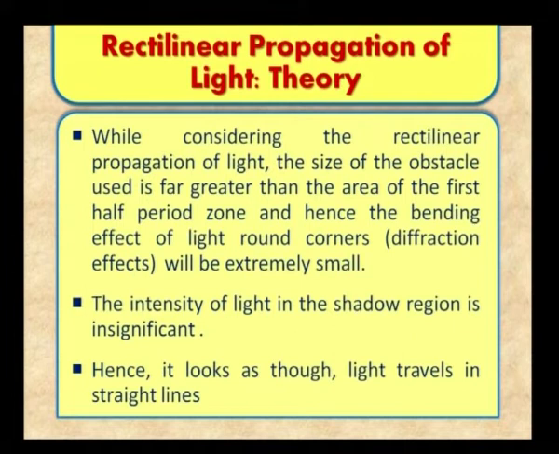The light waves bend, but even after bending, the intensity produced at any given point inside the shadow will be extremely small, and so it appears to be dark. There is no light inside the shadow, even though there is bending. That is how people were able to explain the formation of shadows. But the formation of shadows can be easily explained if you assume light to be traveling in the form of straight lines, as was done by Newton.